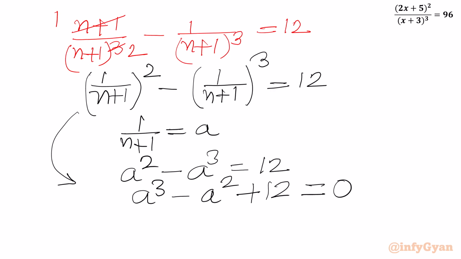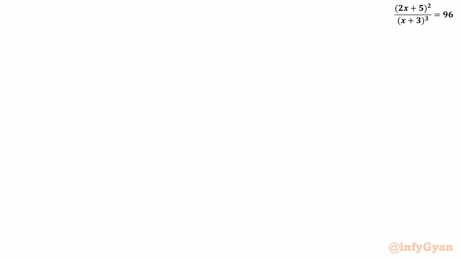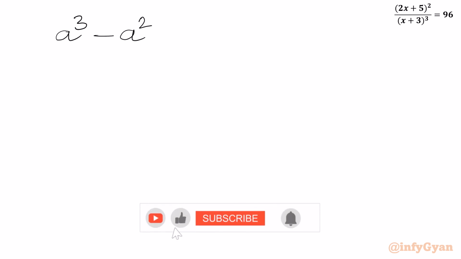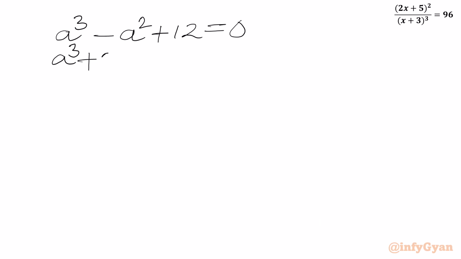I will use the method of factorization. So I will split minus a² as 2a² minus 3a². Let me write here a³ minus a² plus 12 equal to 0. So I will write a³ plus 2a² minus 3a², since 2 minus 3 is negative 1, plus 12 equal to 0.